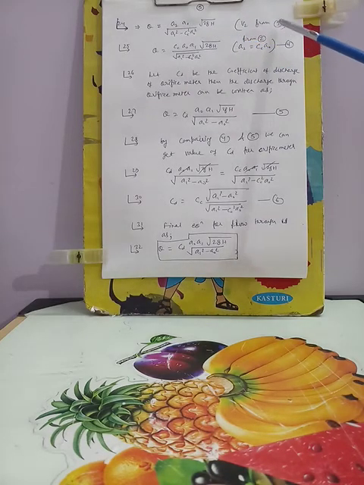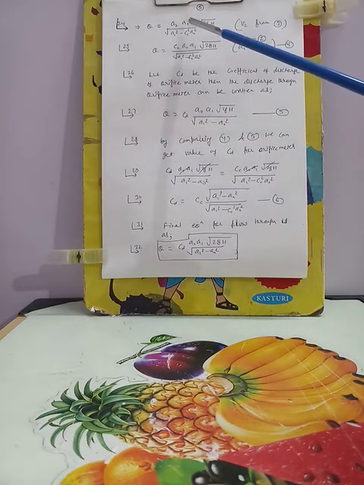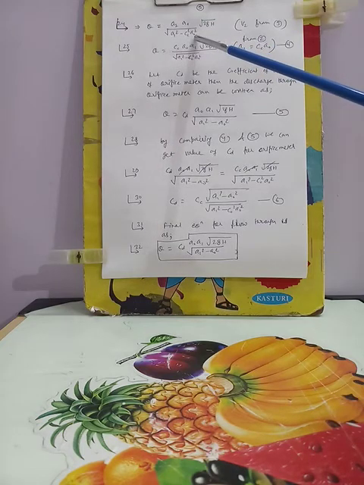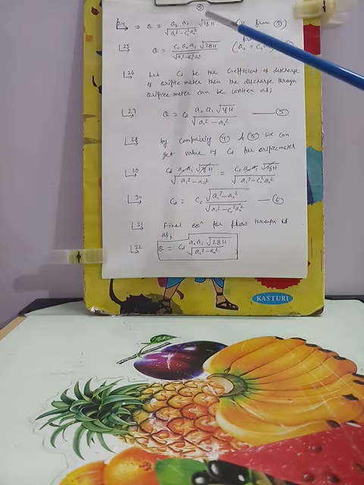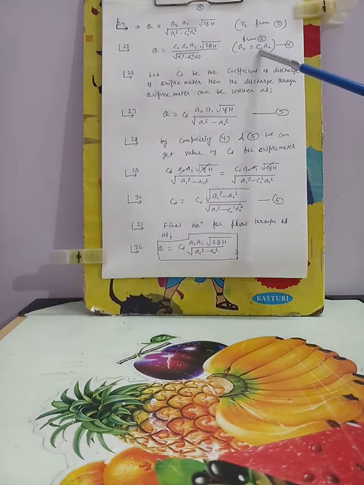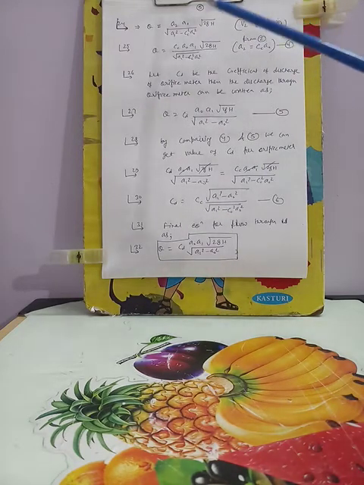From equation 3, the value of V2 will be A1 under root 2gh by A1 square minus Cc square A0 square. And put the value of A2, Cc A0, from equation 2 here.